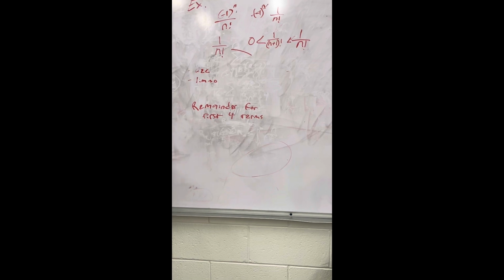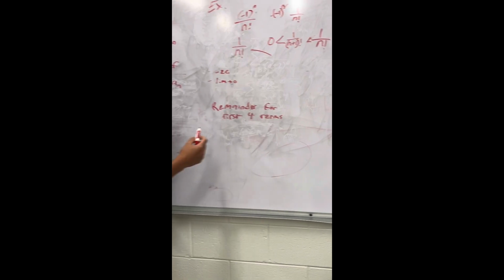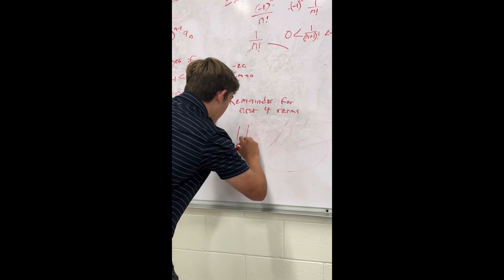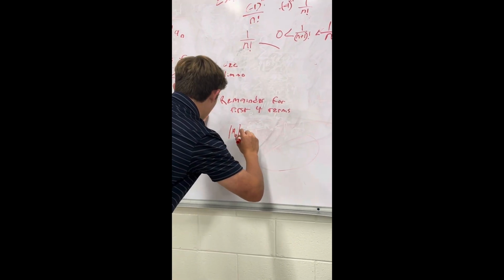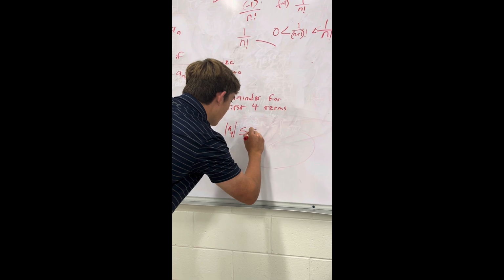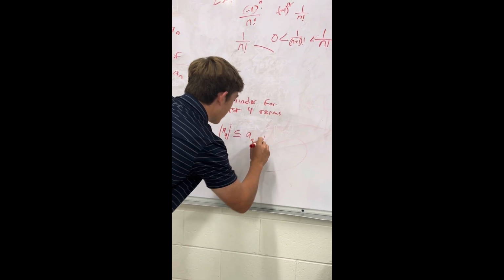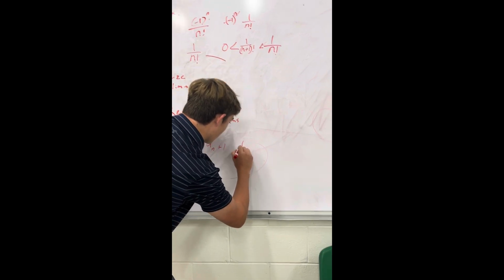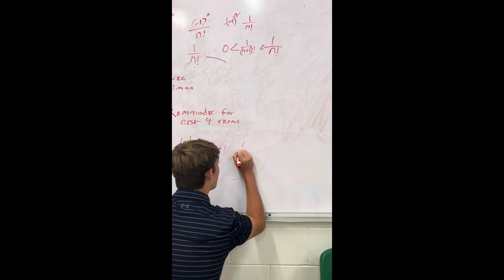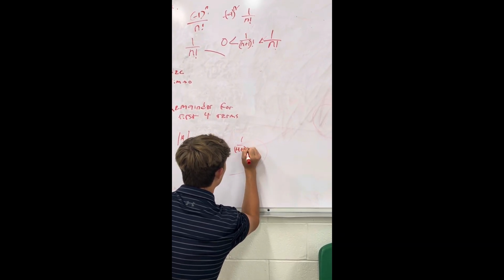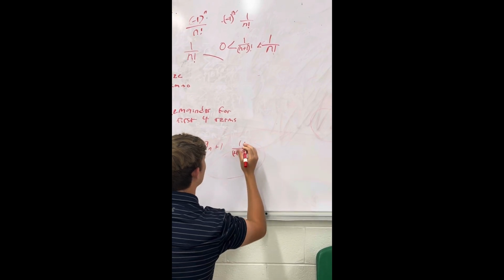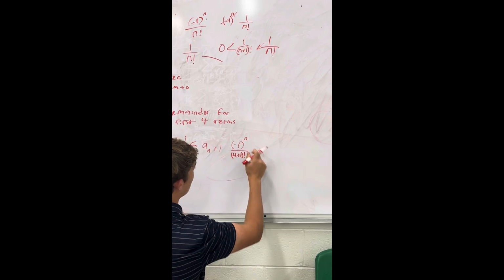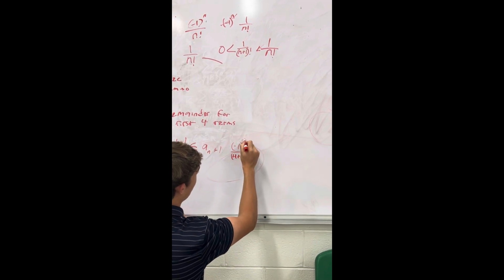Now, for the remainder for the first 4 terms, you have to plug in 4, right? So you have to do absolute value of r sub 4 is less than or equal to a sub n plus 1, right? So you look at the a sub n plus 1, so you do 1 over 4 plus 1 factorial, and you can have the negative 1 to the n in there, and the n would just be 4.